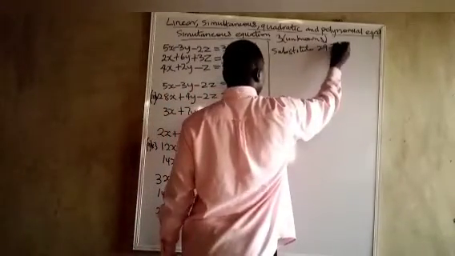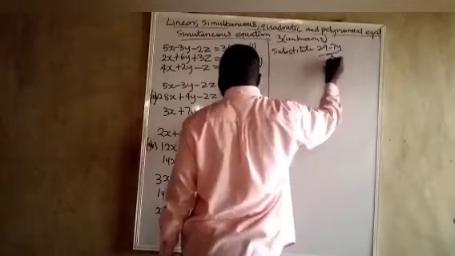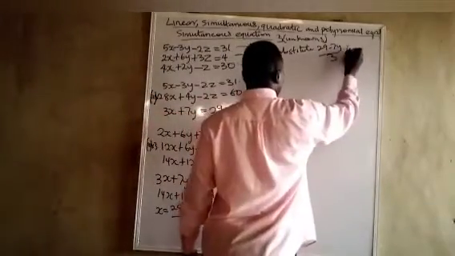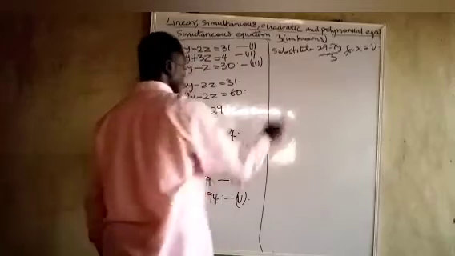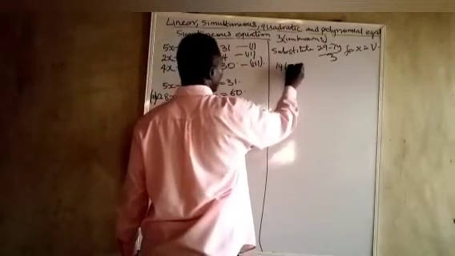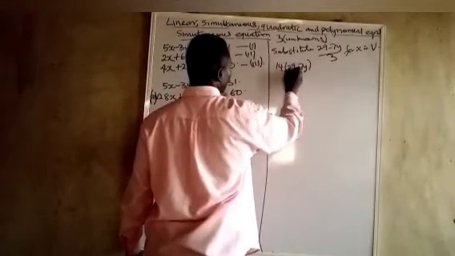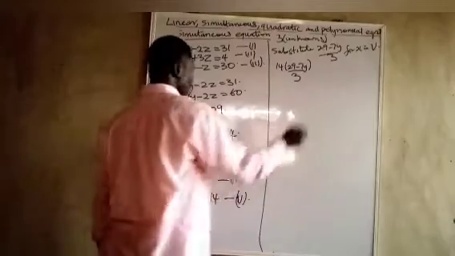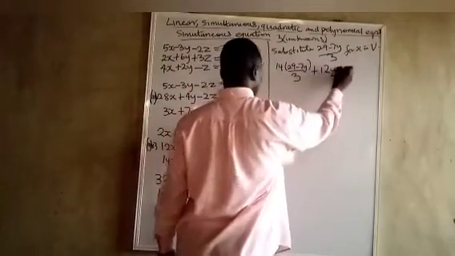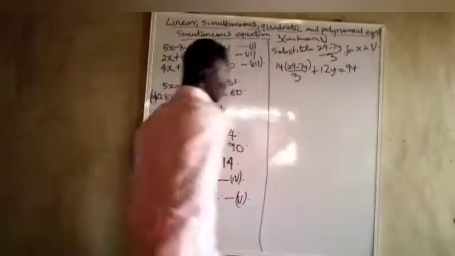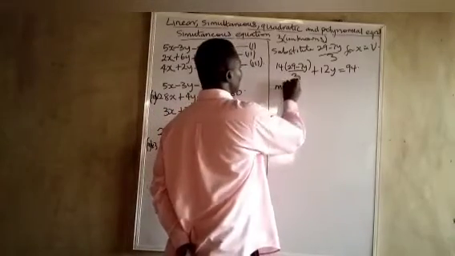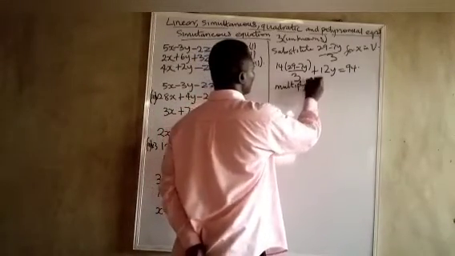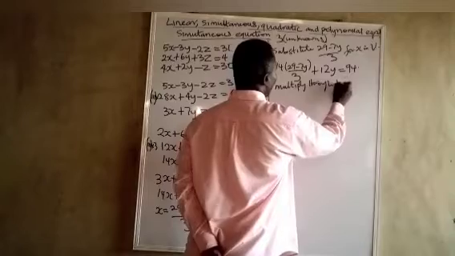x = (29 minus 7y) over 3. So I can now say 14 into (29 minus 7y) over 3 plus 12y is equal to 94. The next thing is to multiply through by 3.